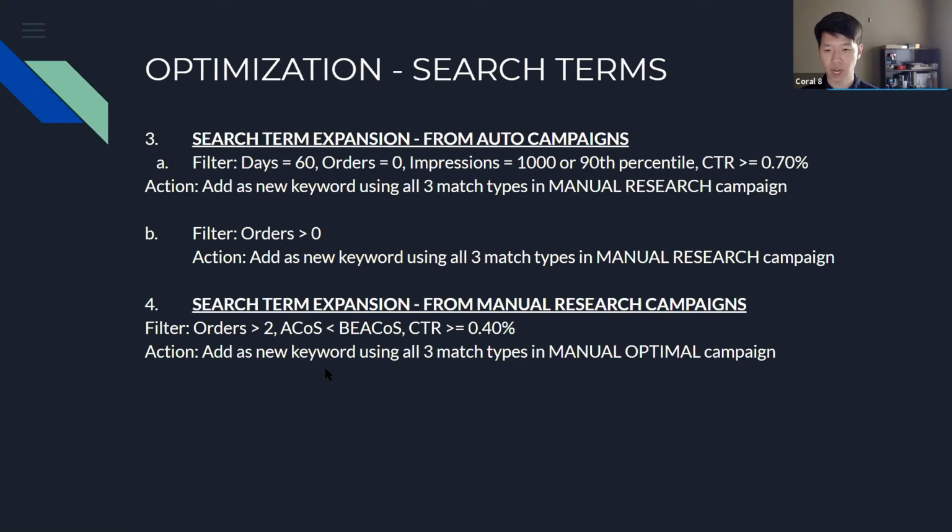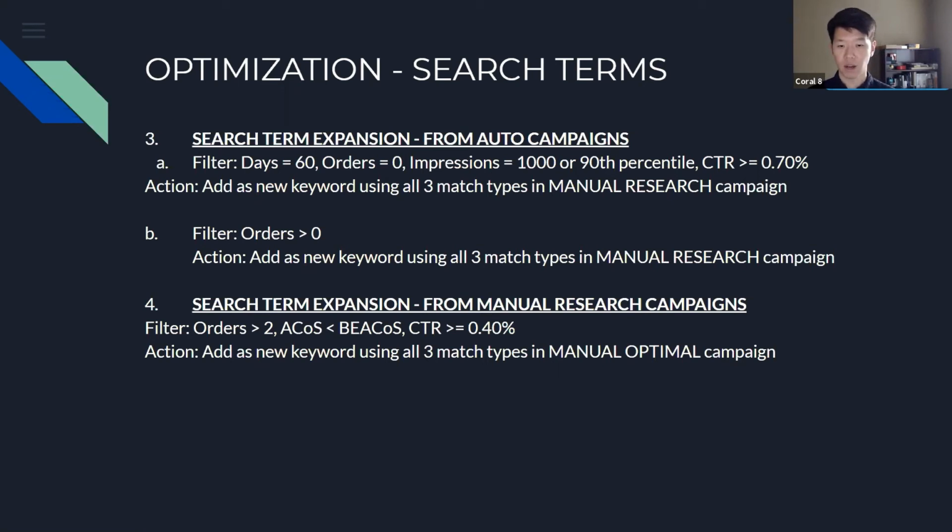Down here, if we find search terms that are favorable in the manual research campaigns, that came, for example, from either expansion efforts from automatic campaigns or from our keyword research, then we want to find search terms that generated 3 or more orders where the ACOS is less than the break-even ACOS, and the CTR is healthy, 0.4% or higher.